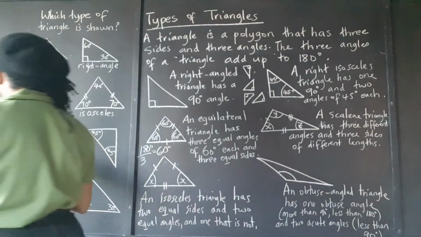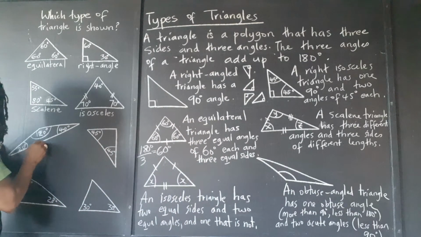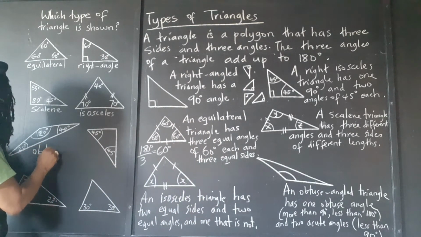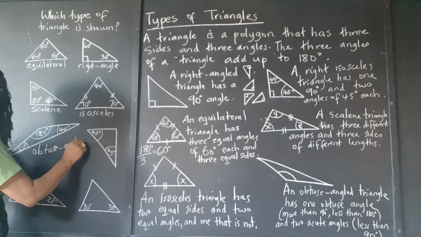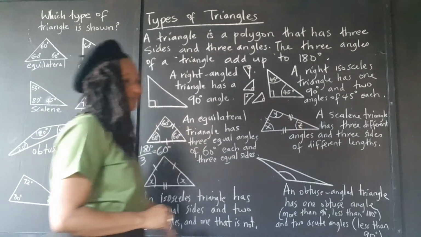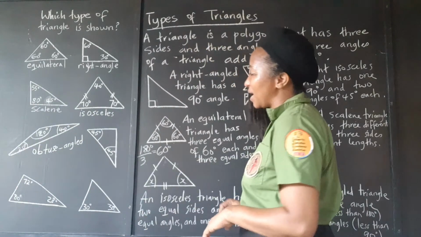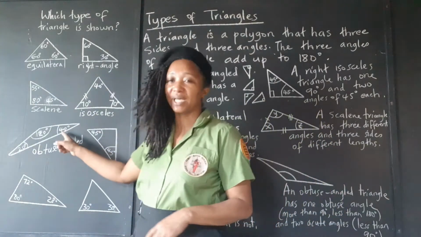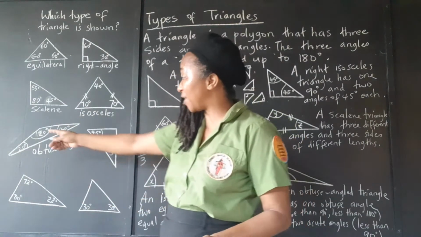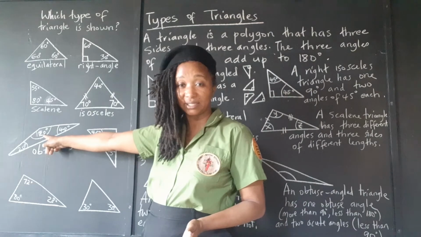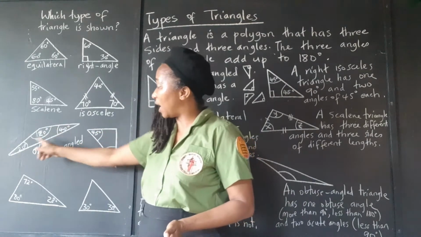So we can just go right ahead and show that we know this is an obtuse-angled triangle. We don't have to waste any time. We see the obtuse angle here, and two acute angles.